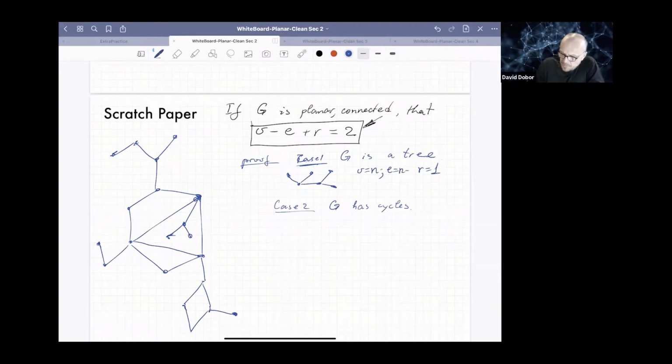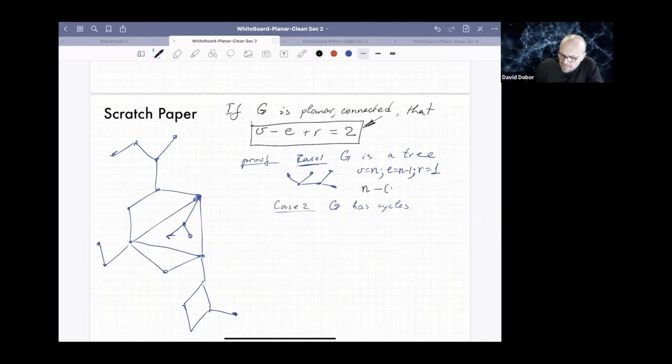I just proved to you that the number of edges will be one fewer than the number of vertices, and you agreed with me, right? So I have, let's say, n vertices, then I must have n minus 1 edges. It's a connected graph with no cycles. And the number of regions is 1. So in this case, yes, it holds true.